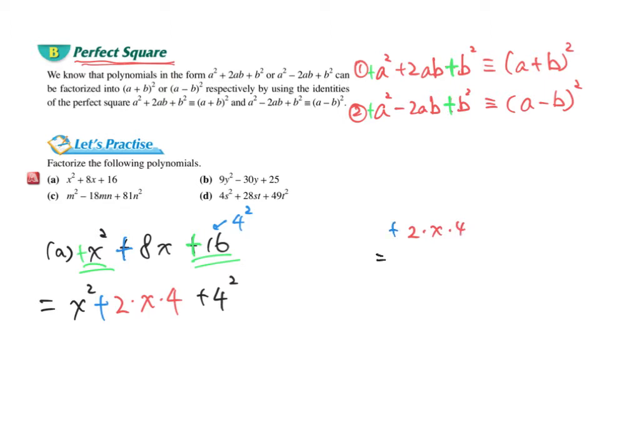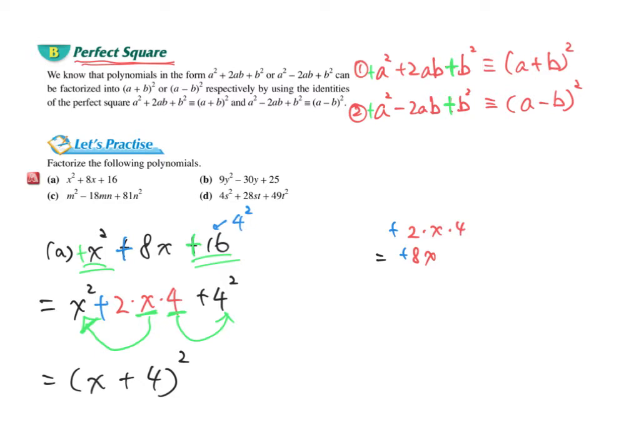Then 2 times 4 is 8, so it is a positive 8x, that's what we want. And we can see that the x is the same as a, and the 4 is the same as b. So it is a possible expression that we can directly make into x plus 4 to the power 2.